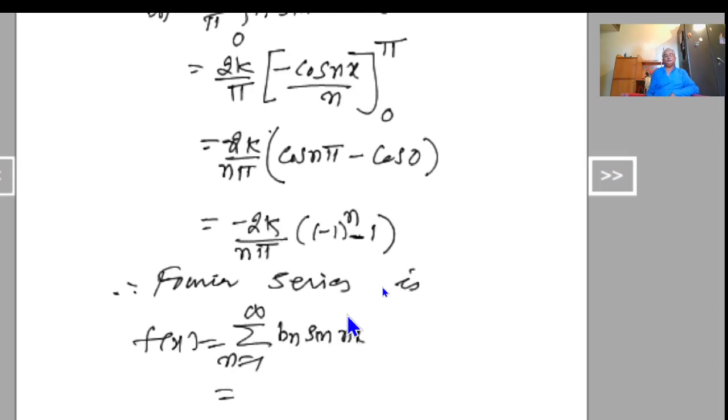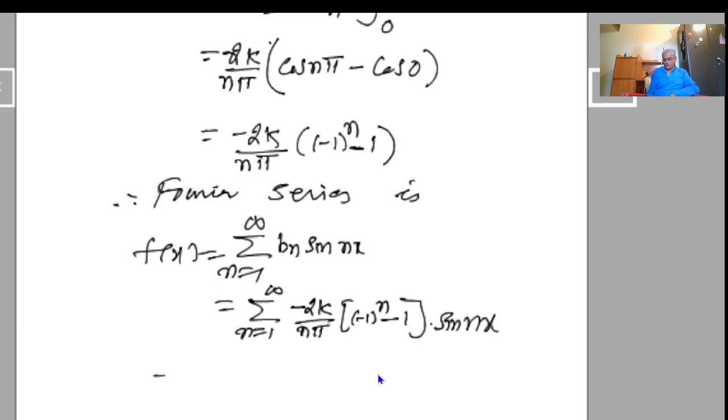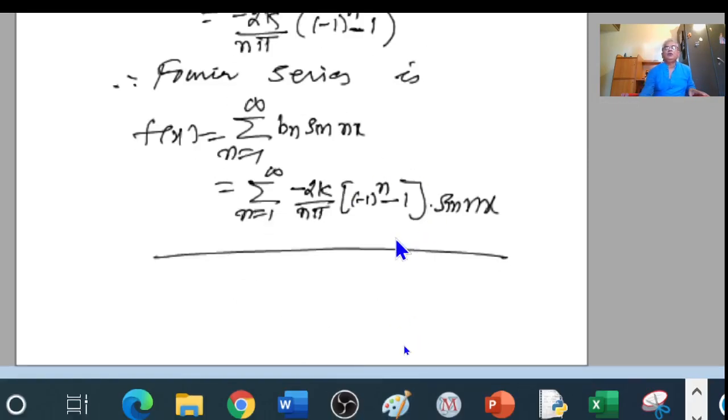This is equal to summation n from 1 to infinity of minus 2k by n pi into minus 1 to the power of n minus 1, into sin of nx. So this is the required Fourier series. Okay, thank you. I will stop here.